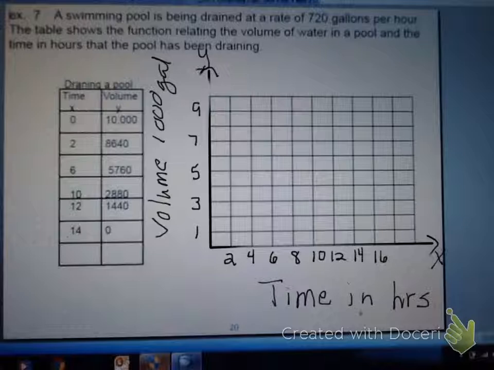Alright, so now let's plot the points. 0, 10,000, that's right here. That means before you start draining the pool, at the very beginning, there's 10,000 gallons in the pool. Then after 2 hours, there's 8,640. Now we are just going to estimate.